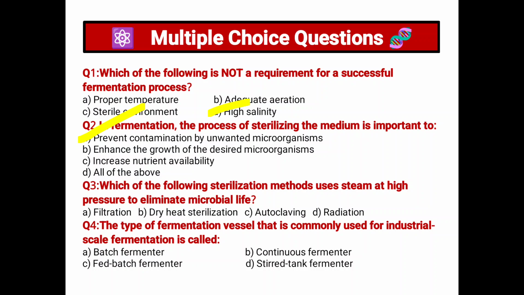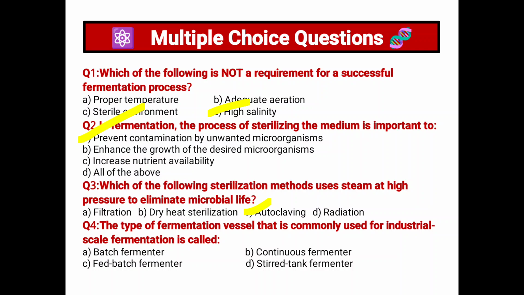Filtration is a unit operation which is used for purification of water and other substances. Option C is the correct answer, autoclaving. Autoclaving is also called steam sterilization, which makes things free from microorganism.